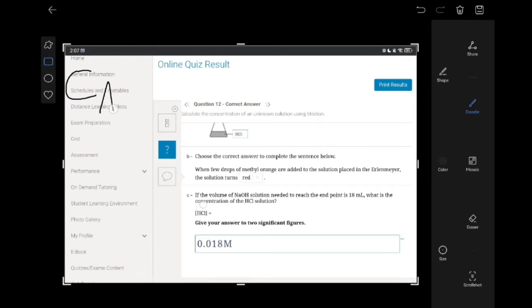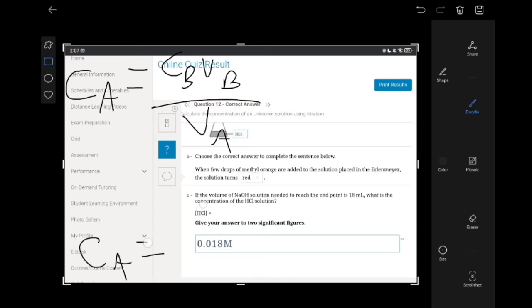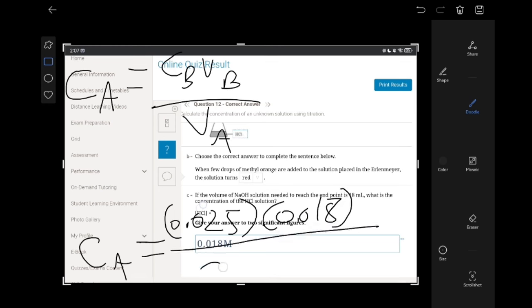So CA, already said, equals CBVB over VA. That means CA equals the concentration of NaOH, 0.025 molarity, times 0.018 liters, because it's in milliliters, it has to be in liters, all of it over 0.025 liters also.